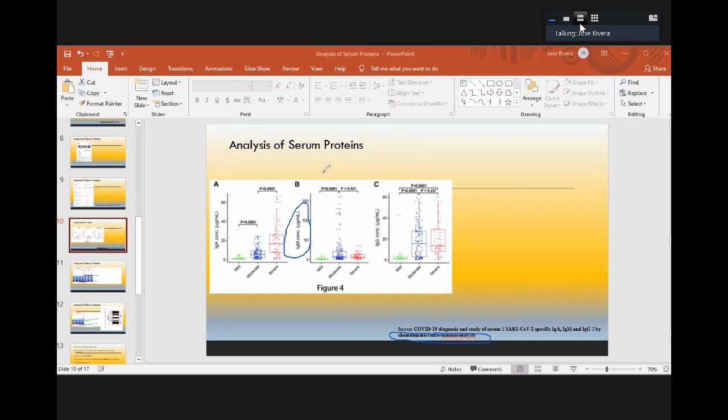IgM is a pentamer, remember? And they tend to work early in infection. The other one, the IgGs, in mild cases they can go up, but in moderate and severe cases they go higher.